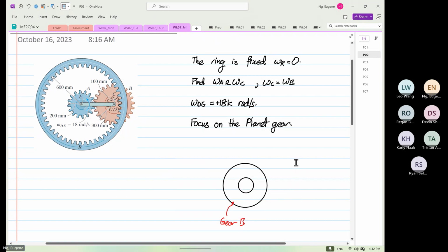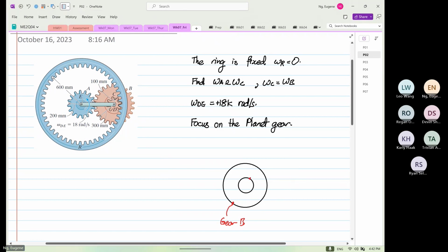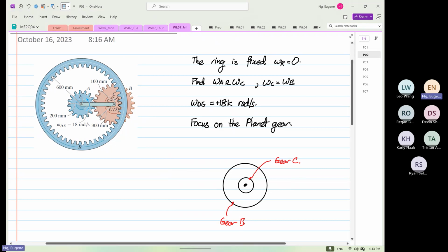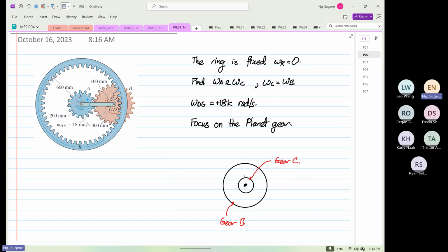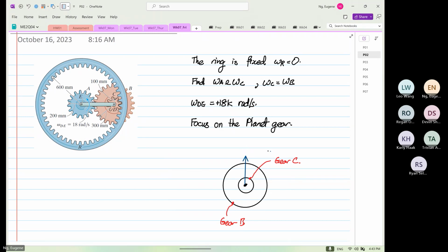This is our gear C. We know that at this center over here is point D, and we can relate this to our velocity vector, which is equal to our VD.